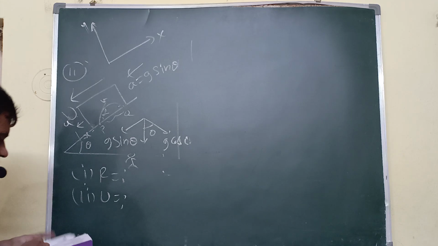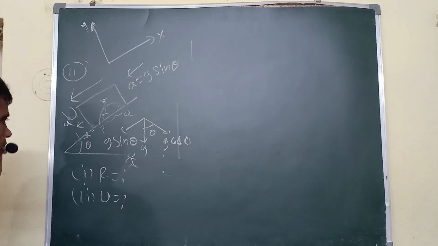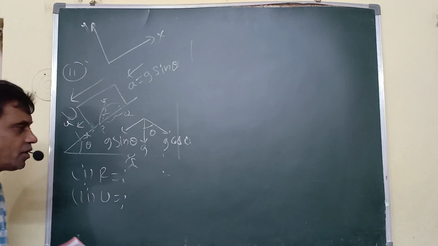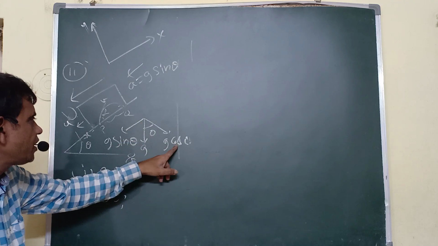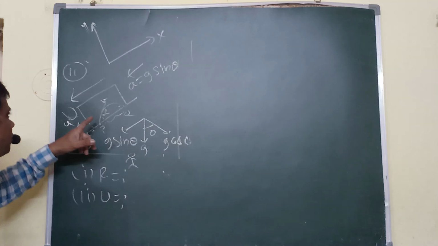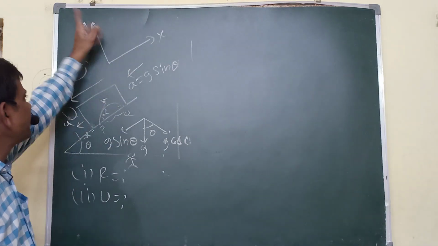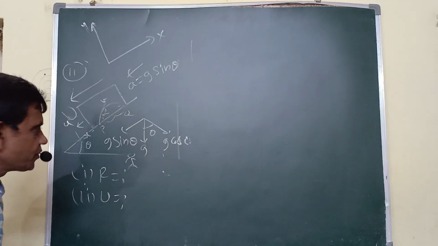Here g is the acceleration due to gravity. According to resolution of vectors, this is g cos theta and this is g sin theta. The ball is projected like this, so in this direction I take the x axis and this the y axis as the coordinate system.